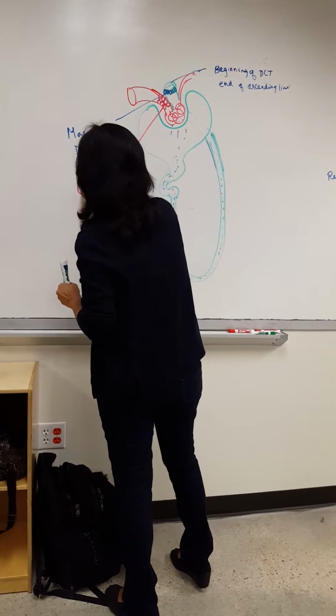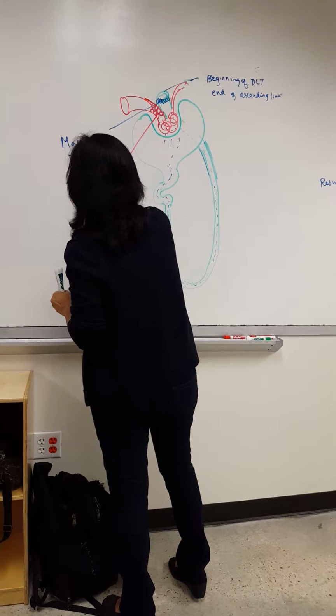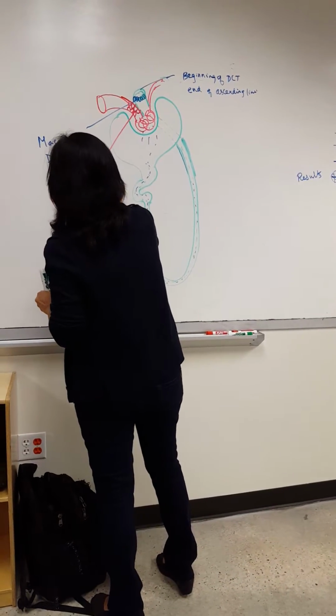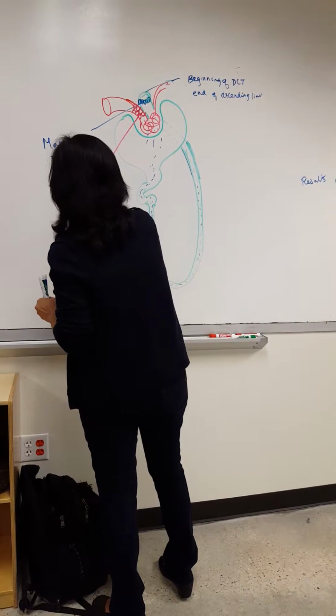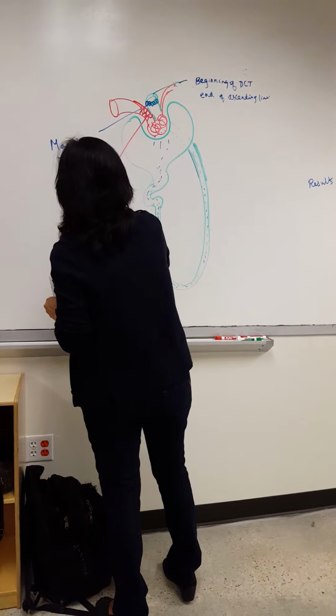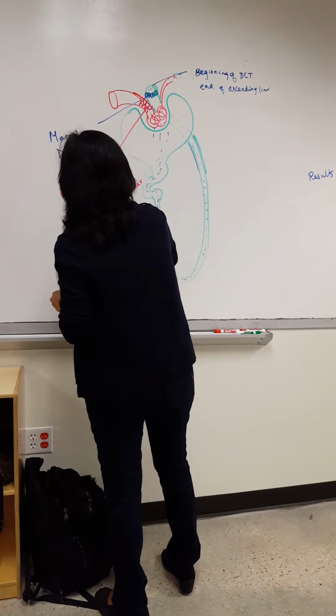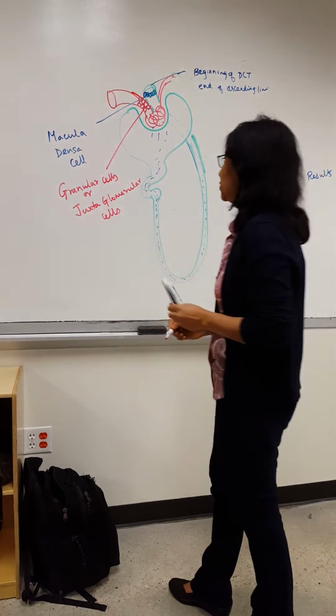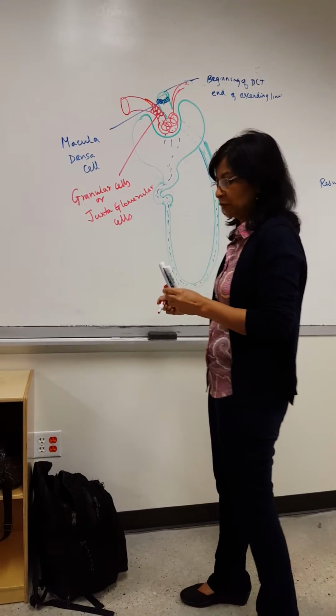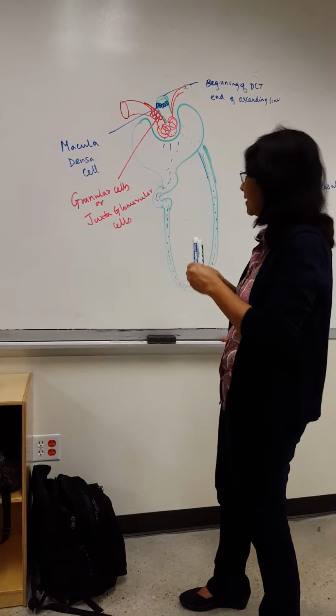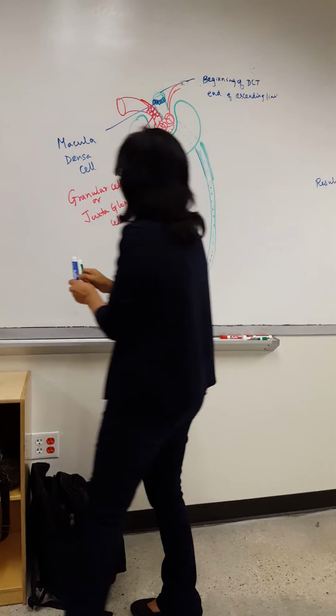They're either called granular cells or juxtaglomerular cells. You may choose to use either of those names. I'm assuming most of you are going to go with granular cells.